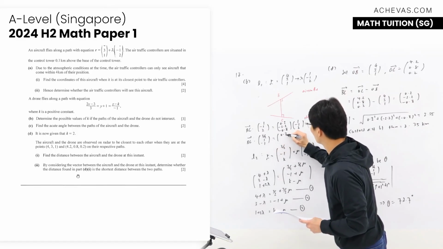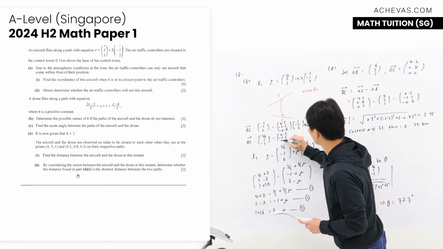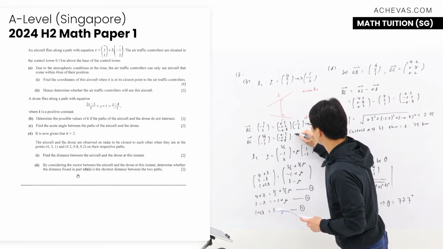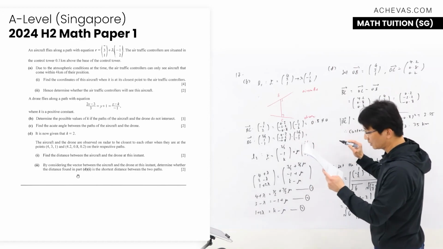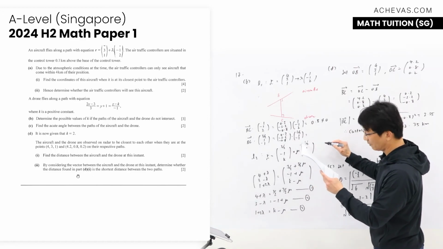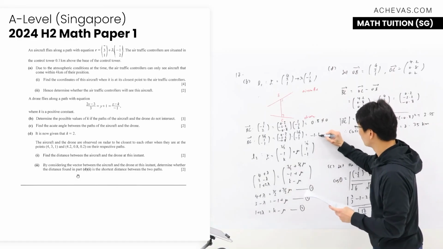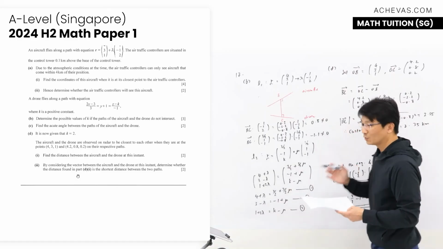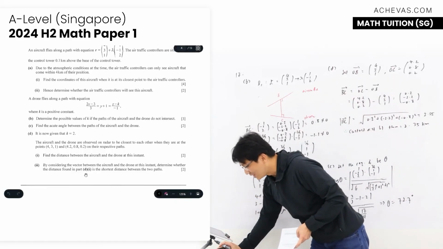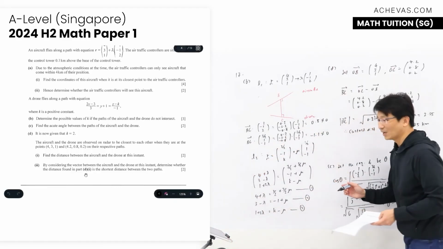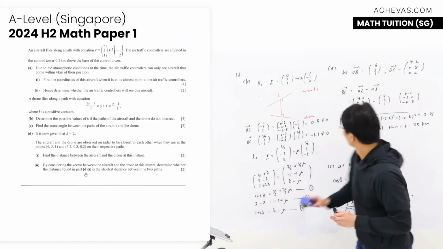I'll get (0.2, -2.2, -0.8) dot with (3/2, 1, -1). When I dot it out, this will give me a value of -1.1, which is not equal to 0 also. So therefore, I can show that the distance found will not be the shortest distance.